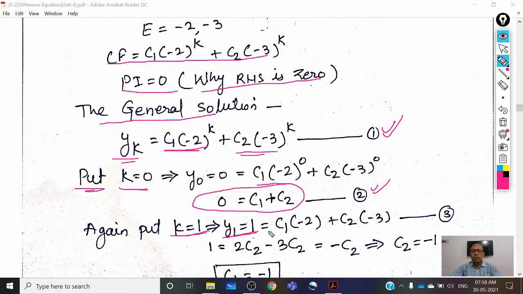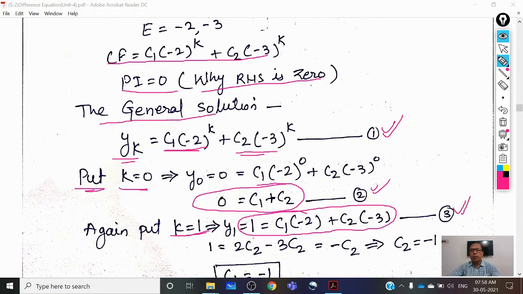Again put k equal to 1 in equation 1, and further simplifying we get the equation minus 2C1 plus (minus 3) into C2 equal to 1. Suppose that this is equation number 3.